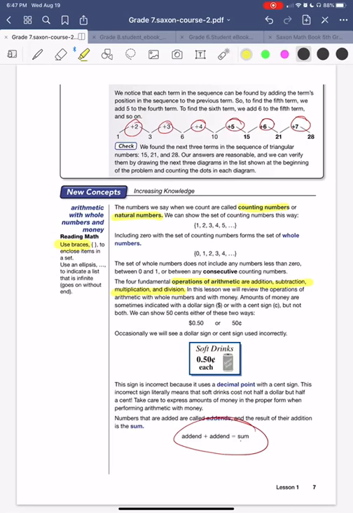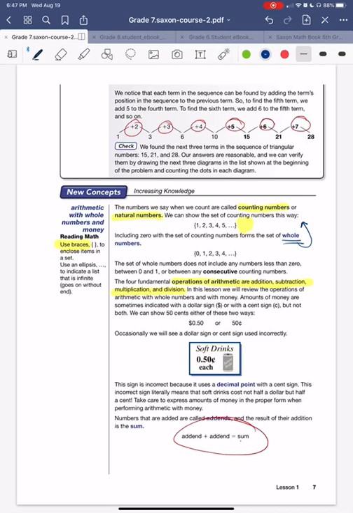Counting numbers are also called natural numbers. And just like it sounds, that's what it is. It's your counting numbers. When you learn how to count, you're like 1, 2, 3, 4, 5, 6, 7. Those are your counting numbers. Next up is our whole numbers. Our whole numbers are our counting numbers, but also the number that includes zero.